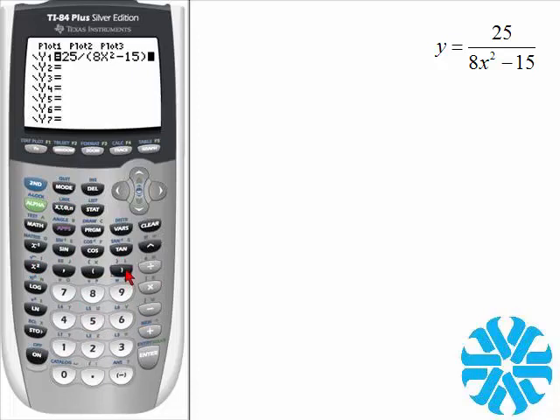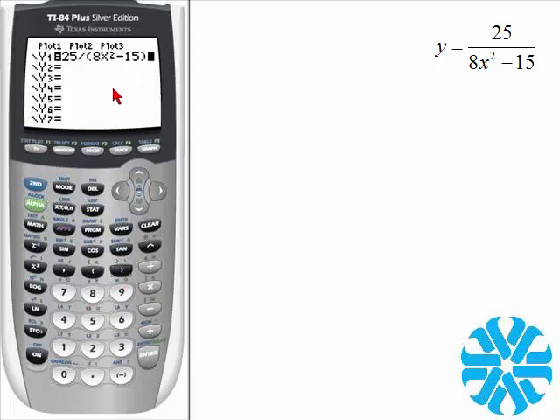If we didn't use those parentheses in the denominator, the calculator would look at that as 25 divided by 8x squared, and then that's subtracted by 15. So again, be very careful about how you input these functions.